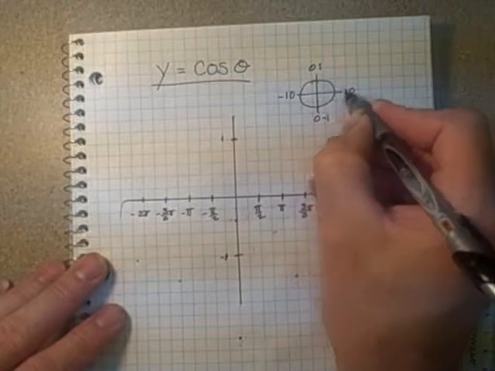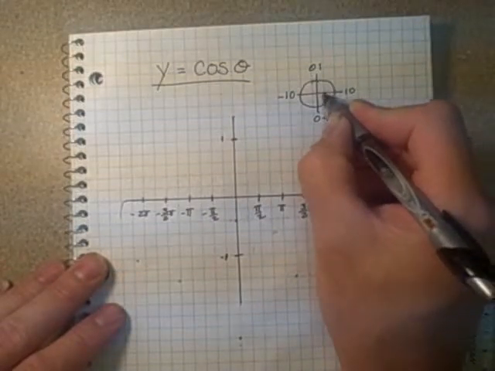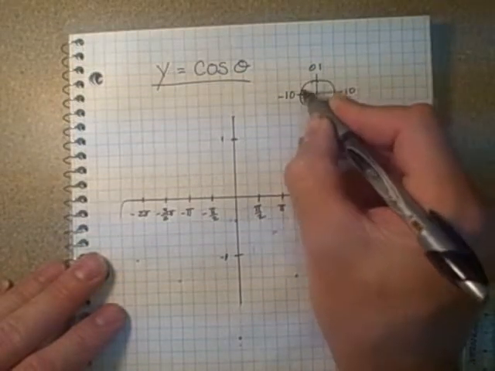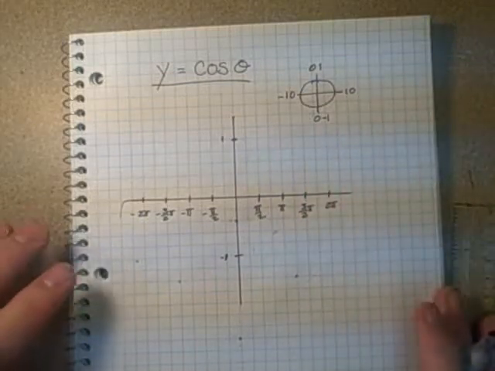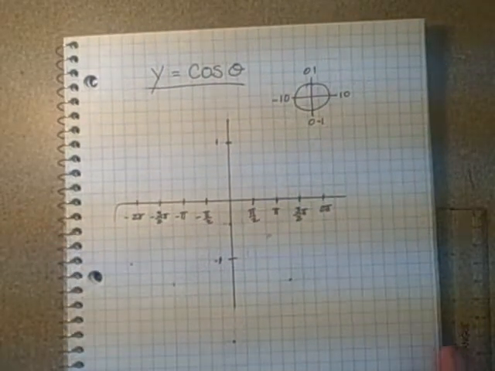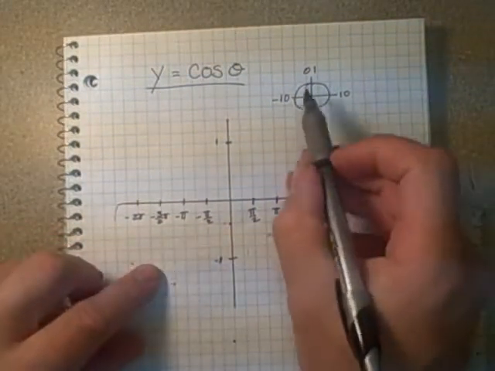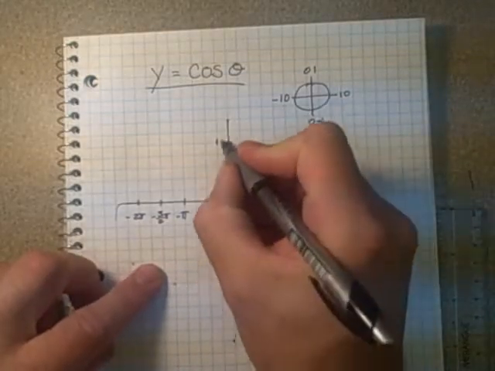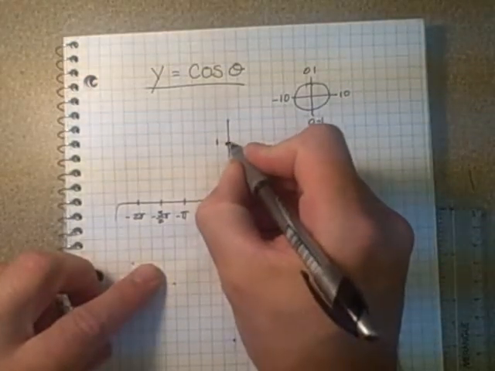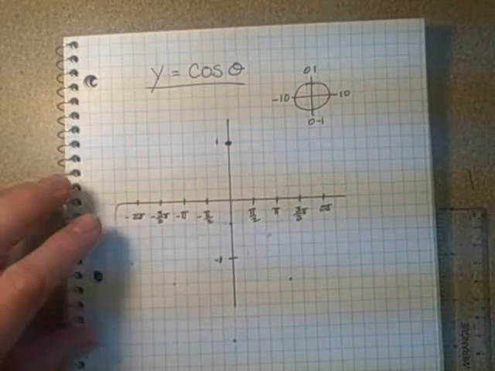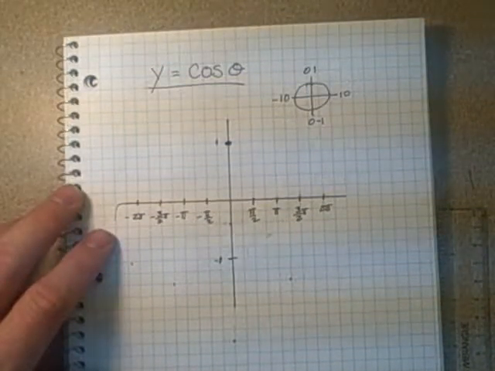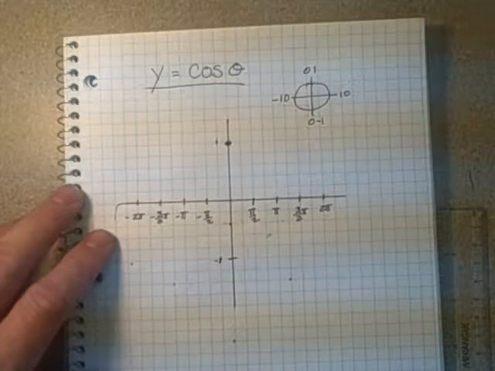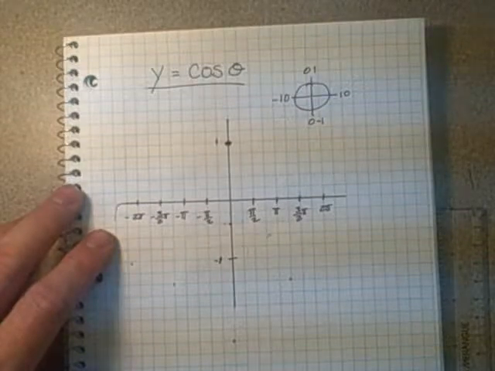And as we're going around here, cos is the second point, or the x point now, so we're going to be looking specifically at the first point as we go around. So as we're doing that, at 0, x is 1. So we're up here. Okay? At pi over 2, at 90 degrees, x is 0.